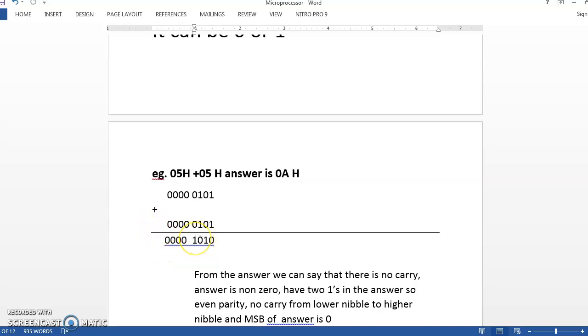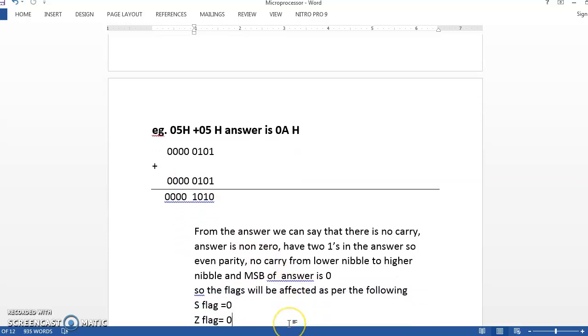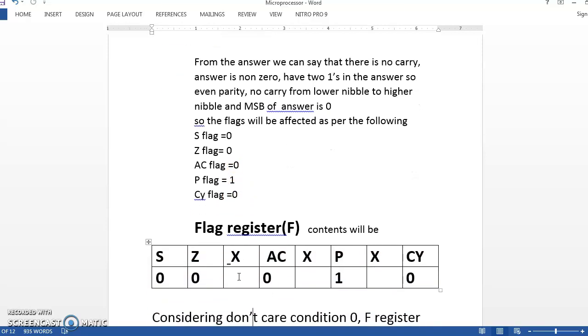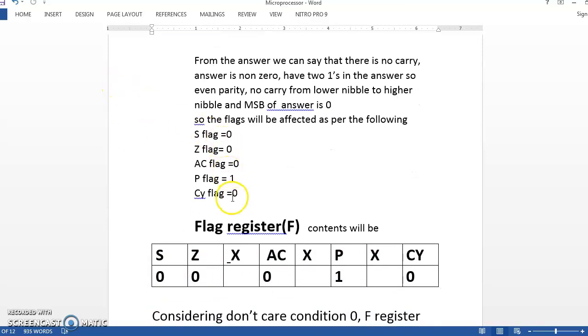There is no carry from lower nibble to the higher nibble. So as we had seen above, sign flag will be 0, zero flag will be 0, auxiliary carry flag will be 0, parity flag will be 1, and carry flag will be 0. So the flags will be affected like this.